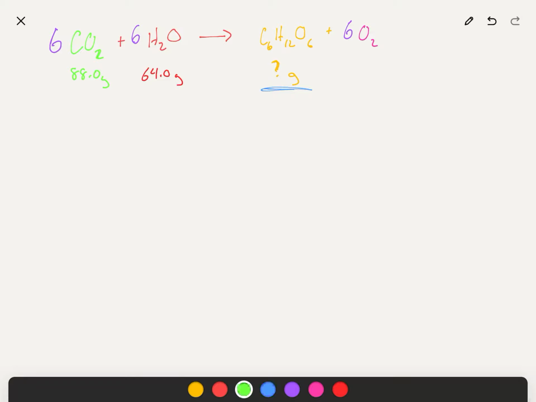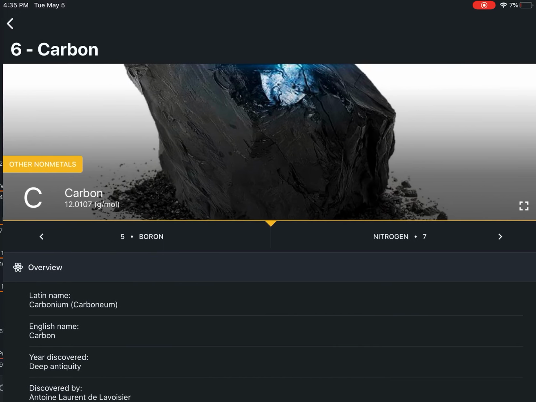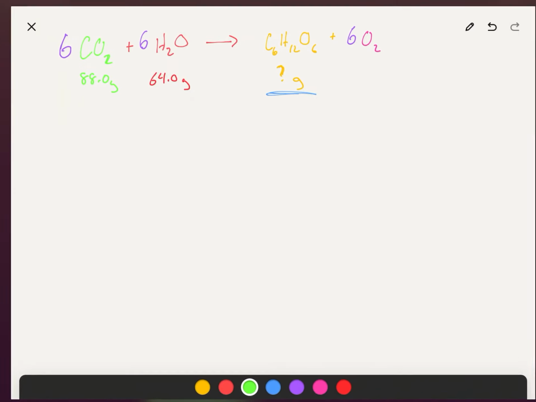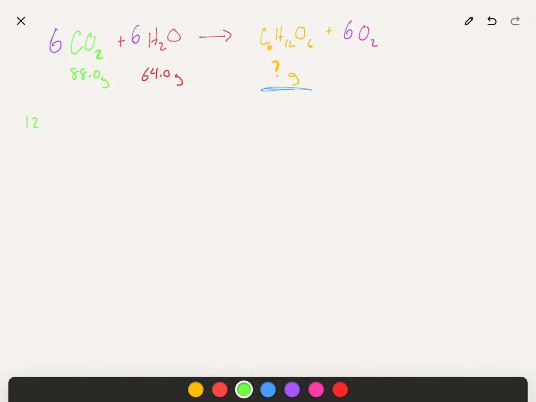So let's calculate our carbon dioxide first. We have carbon, which has a molar mass of 12.0107. And we have oxygen, which has a molar mass of 15.9994. We've looked that one up a bunch of times, and we've got two of those.